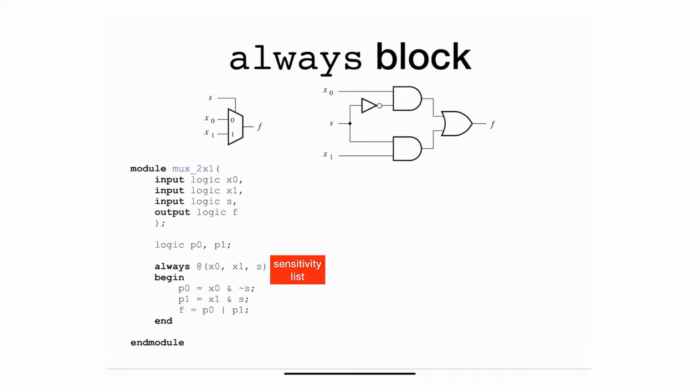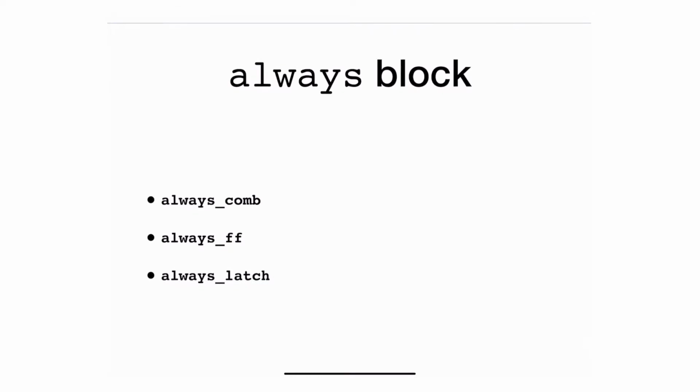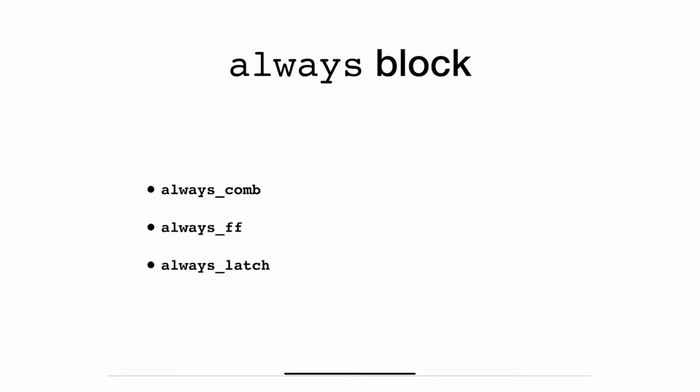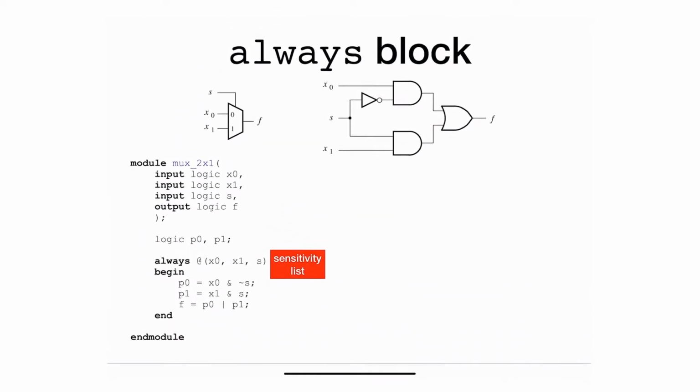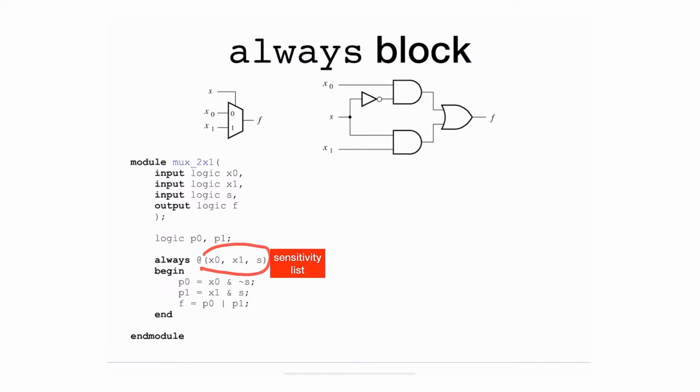The reason I'm introducing always blocks now and spending a little time on them is that SystemVerilog introduces new always blocks. With the previous always block, you always had to specify your sensitivity list, and if you missed the S or the X1, your code would not work.